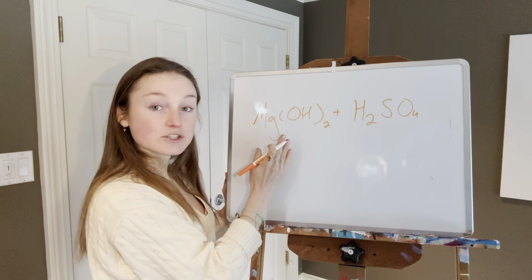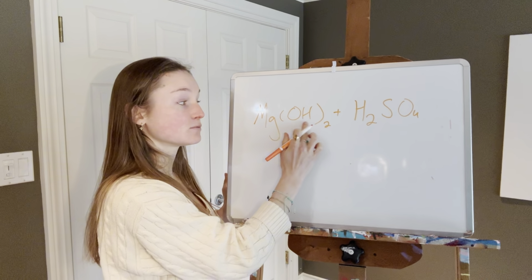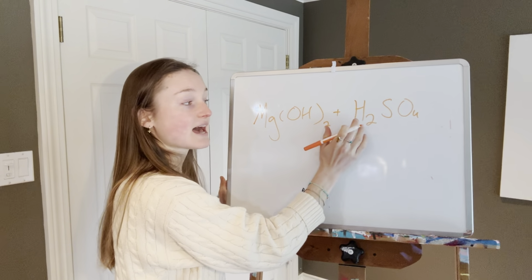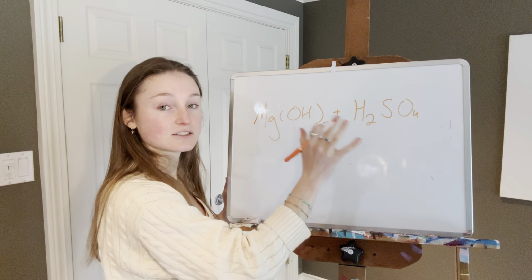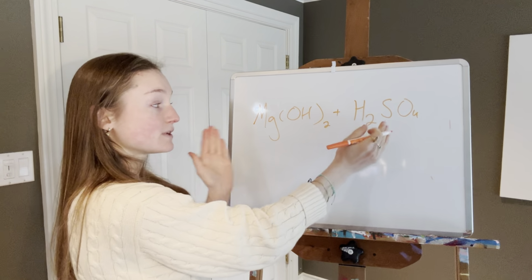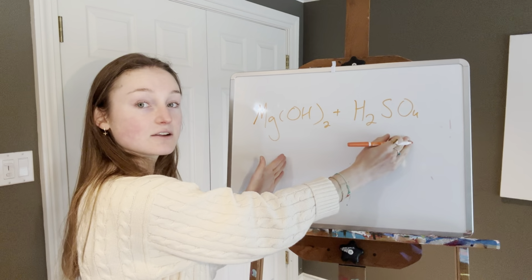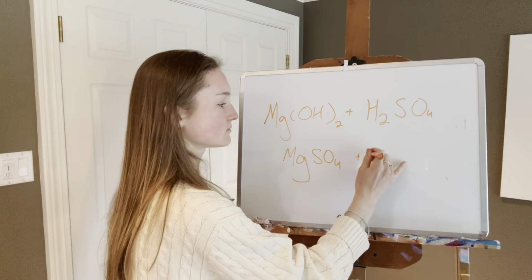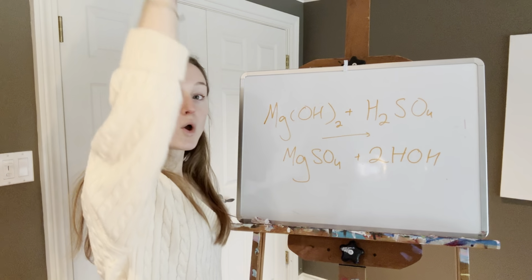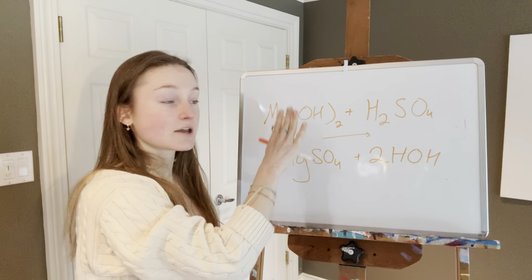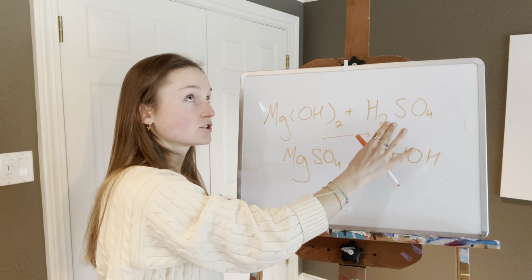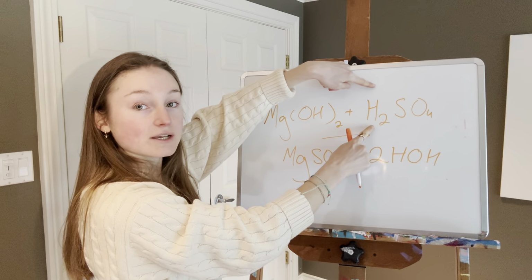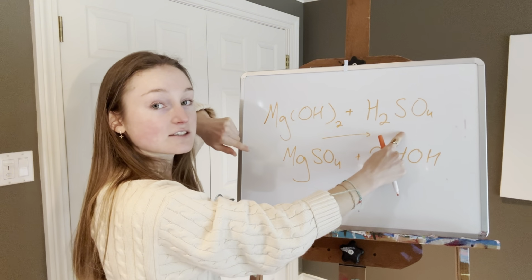H2SO4. Here's your base because it's going to be releasing that OH minus. And here is your acid because it has an extra proton it can release into solution. We are going to be reacting the base and the acid together to make one salt and one water molecule. When magnesium hydroxide reacts with sulfuric acid, here is your hydroxide ion. Here is the free proton that sulfuric acid is going to release.